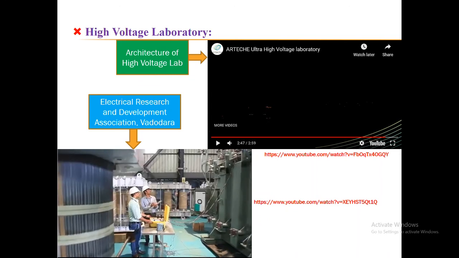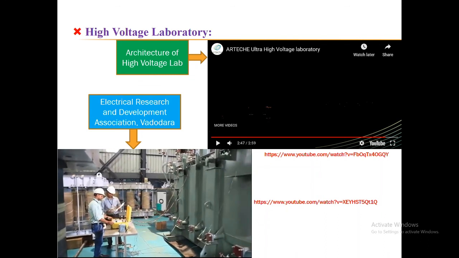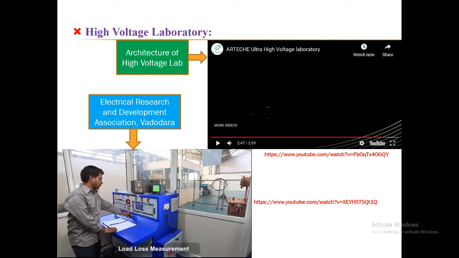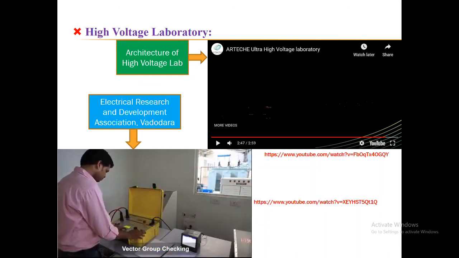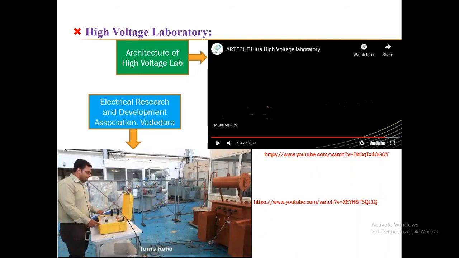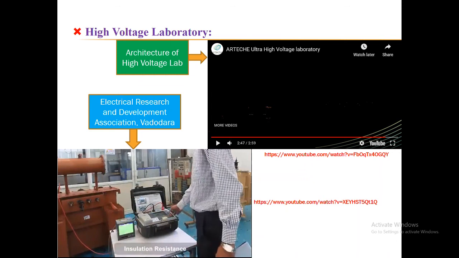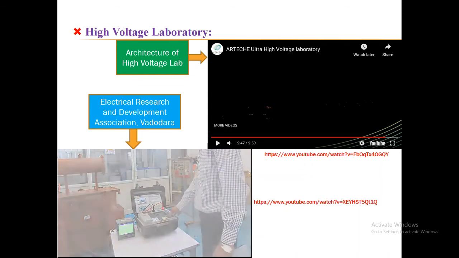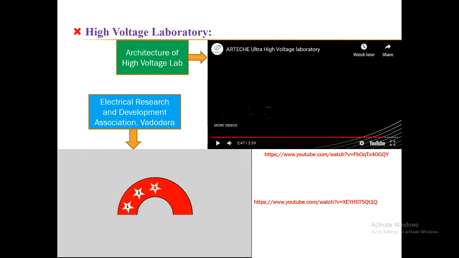Routine and acceptance tests include load loss and no load loss, vector group checking, winding resistance measurement, turns ratio, and insulation resistance measurement. We also evaluate star ratings of transformers according to BEE guidelines.